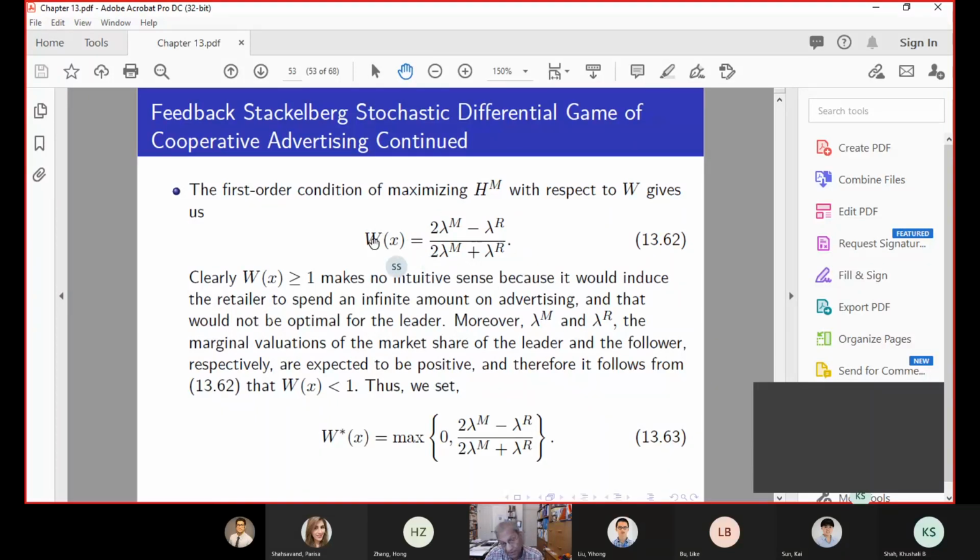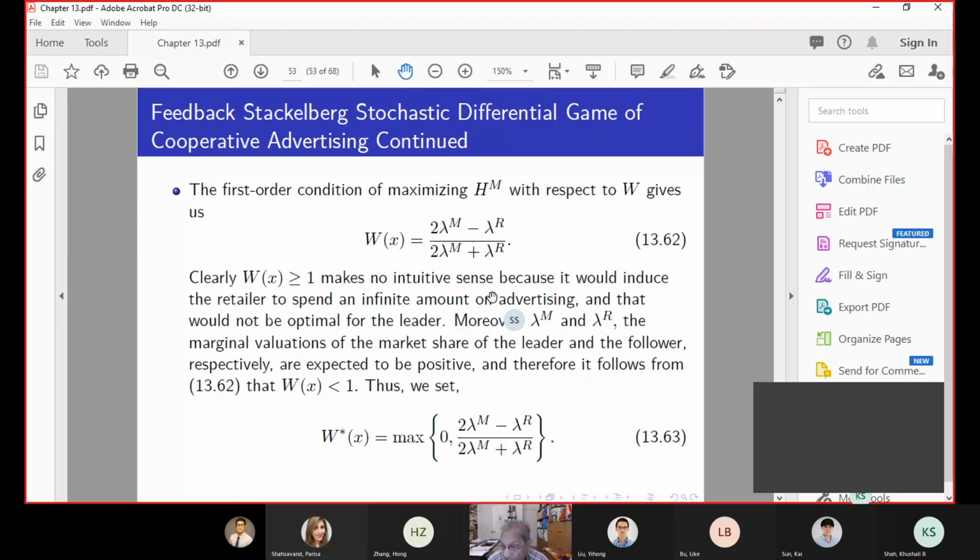Remember, w can be only between 0 and 1. A w of x bigger than 1 makes no sense, because if I support you more than 100%, then the retailer is going to use infinite advertising. Even at 100%, there's no reason for the retailer to cut on advertising because everything is coming from the manufacturer.